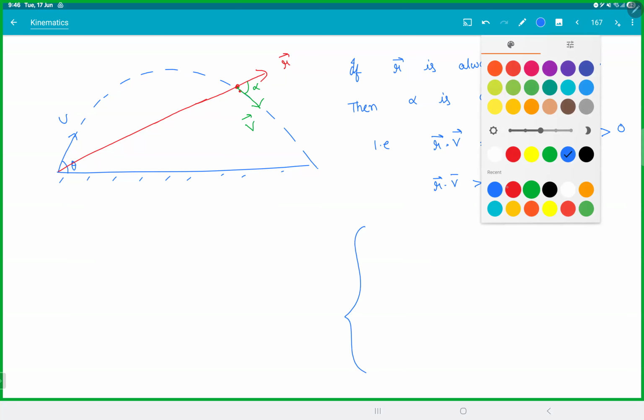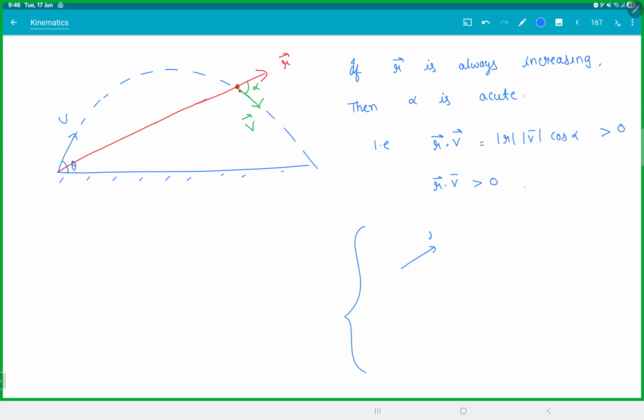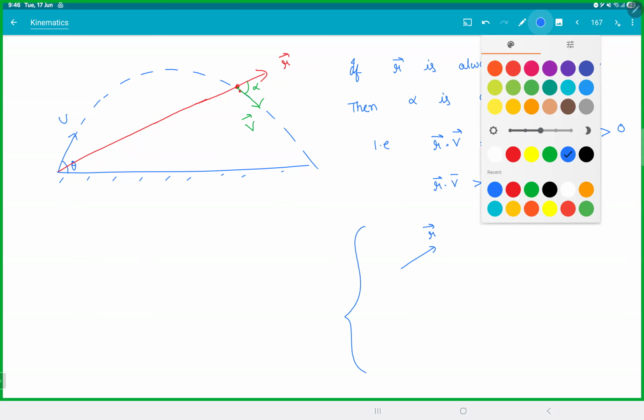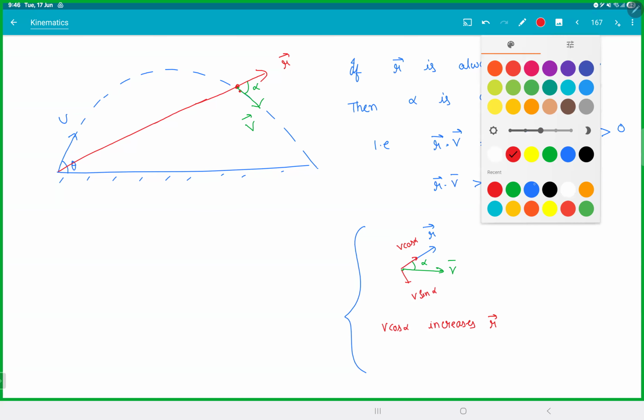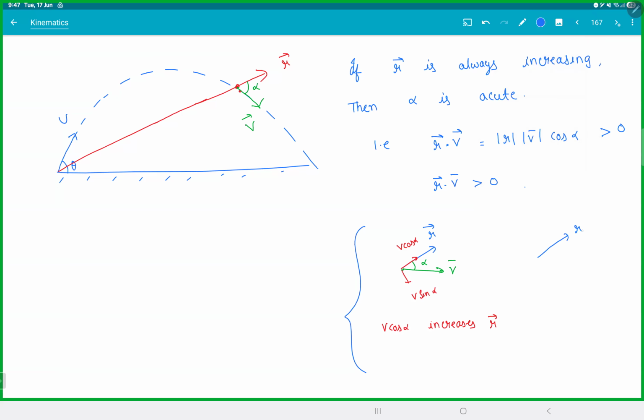So think of it like this. Let's say this is your R bar, this is your V bar, and this is alpha. The components will be V cos alpha and V sin alpha. Here V cos alpha increases R bar. Instead of this way, let's say the angle is obtuse.